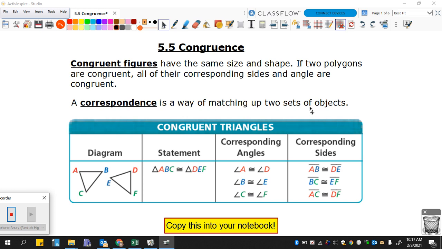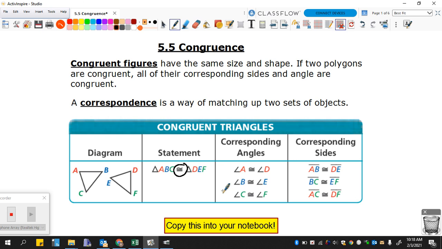In this little box down here, we talked about congruent triangles, and we have two triangles: triangle ABC and triangle DEF. We say that triangle ABC is congruent to triangle DEF. The important thing here is this little symbol, the equal sign with a little tilde above it. That's the congruence statement.